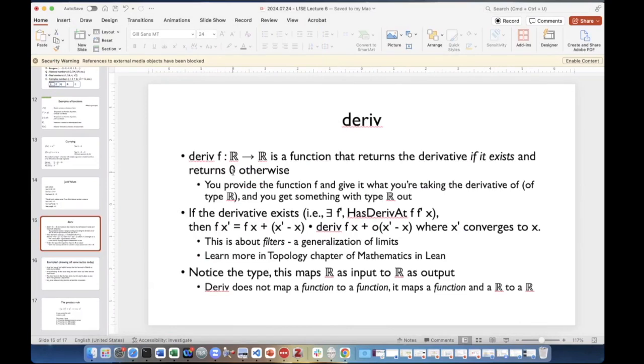So again, if I have a function that is not continuous, here is a point on my function which doesn't have a derivative, the derivative doesn't exist, well, deriv f would, I mean, you can kind of think that's sort of like a not a number type scenario. There's something like, well, the derivative doesn't exist. So I'm at this point and I want to map to something, but that thing doesn't exist. So the solution is to put in 0 as your answer.